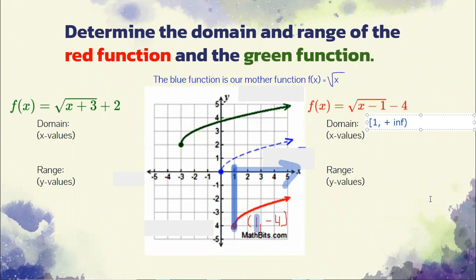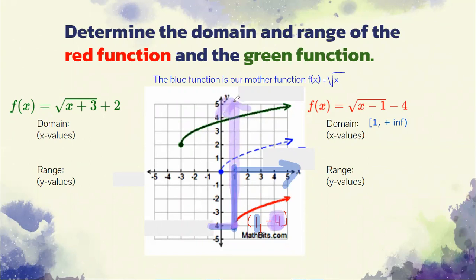Now let's discuss the range. The range of my function is the y values. We're going to read the y-axis. Notice that my function starts at 1, -4 again, right here. So my y value at this starting point is negative 4, and it's going to continue to rise towards positive infinity.